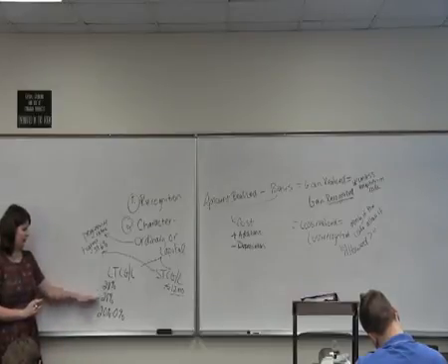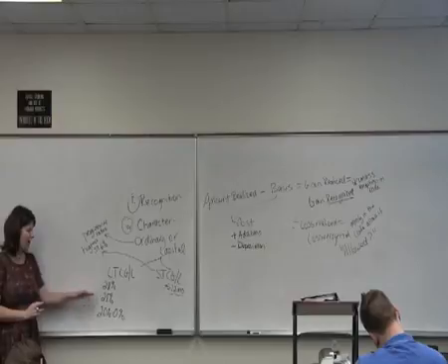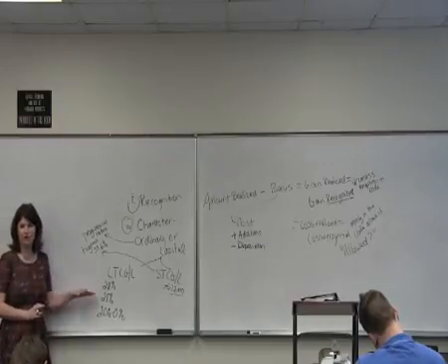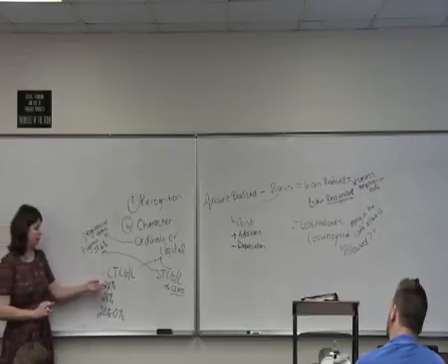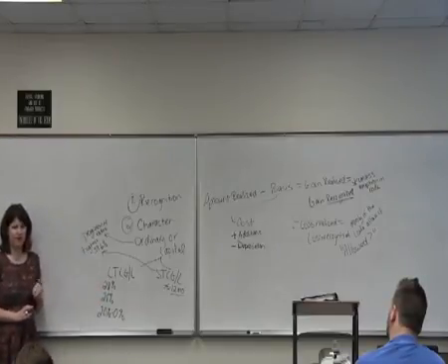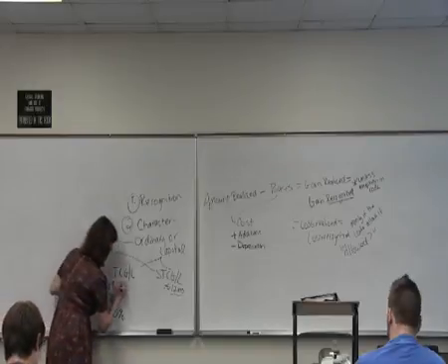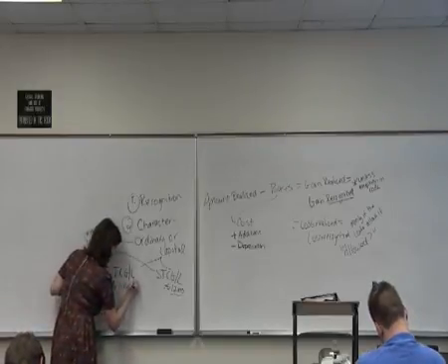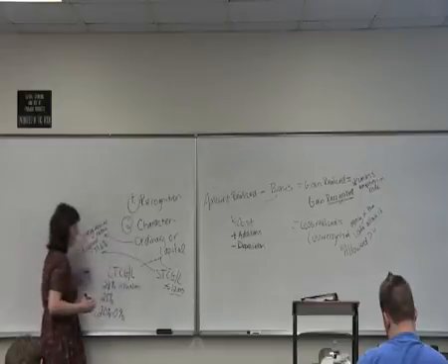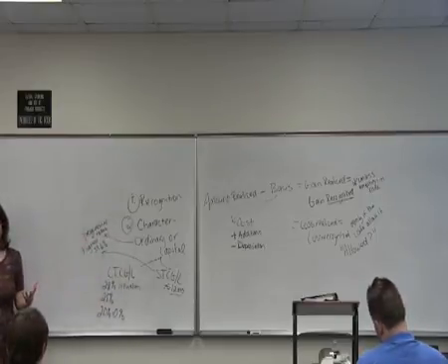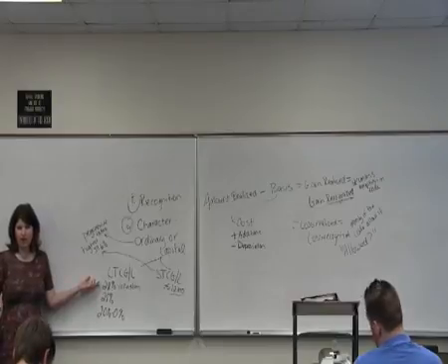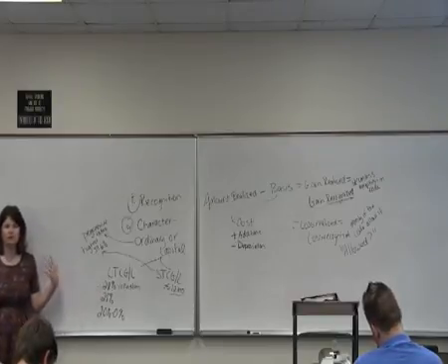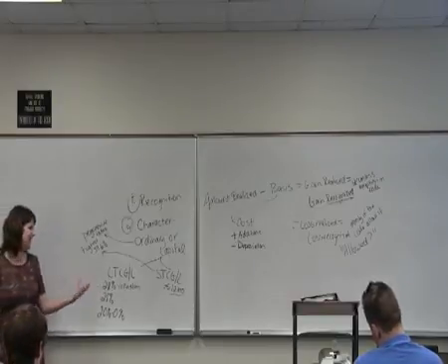Which bucket it falls into is entirely dependent upon the item itself, the item being sold. For example, 28% is collectibles. So for example, you sell your stamp collection, your antique car collection. That is considered to be a collectible, and although it is considered to be long term, it is taxed at 28%.